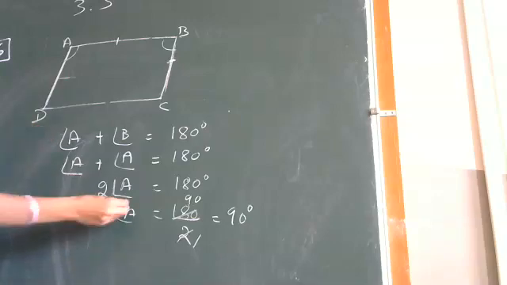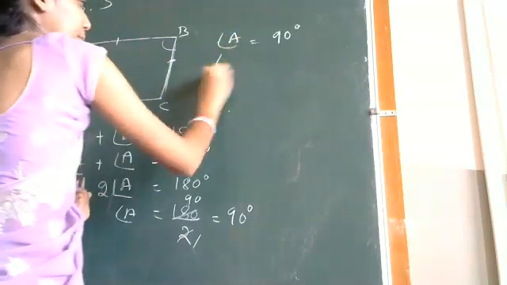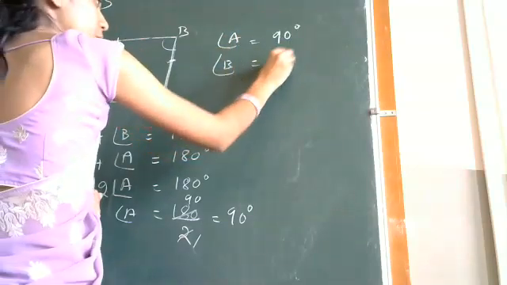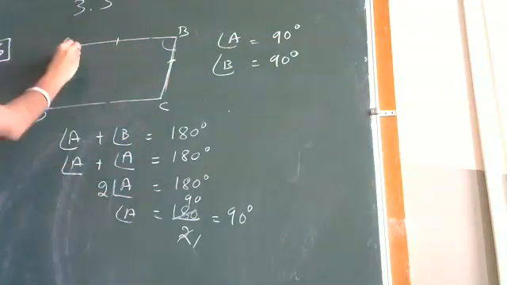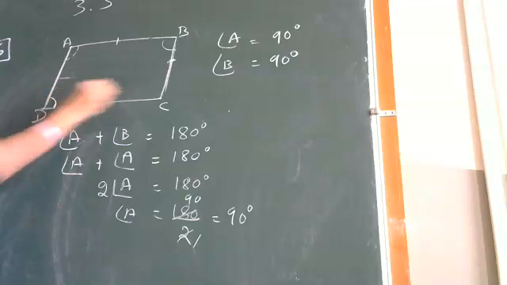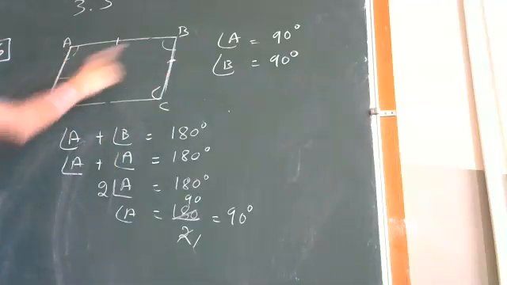Okay, so in this problem we got to know that angle A is 90 degrees. Since angle A is 90 degrees, angle B also has to be 90, correct? Because both are the same. So the sum of these two adjacent angles is 180. Now the remaining are angle D and angle C. What are these two?